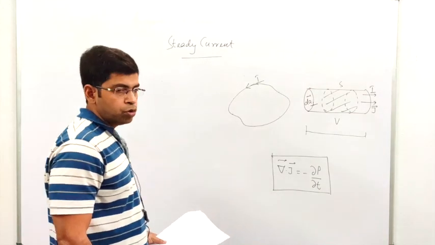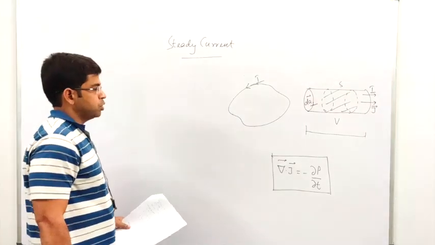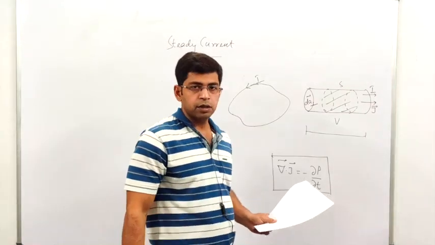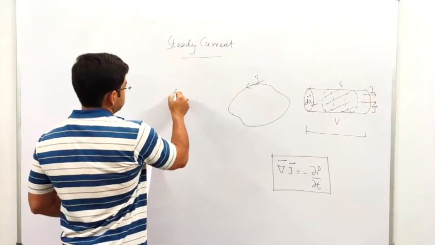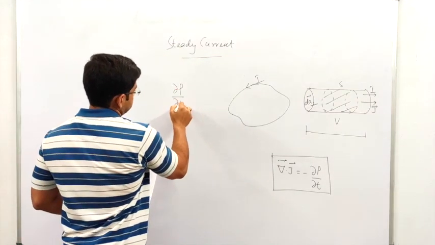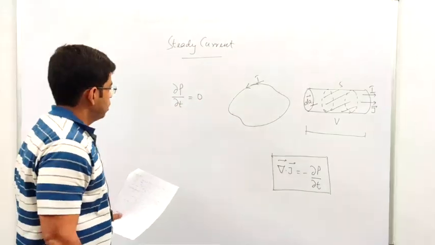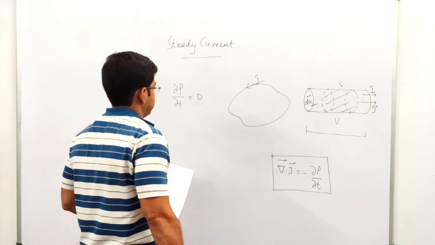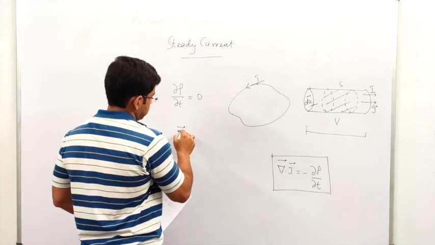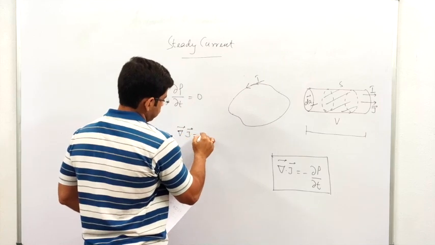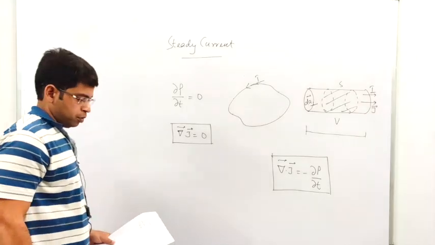That means there will be no accumulation of charge or depletion of charge at any region on the conductor. So that directly means del rho del t will be 0, the rate of change of the volume charge density with time. So from the continuity equation we directly get divergence J equals 0. This is basically the condition for a steady current.